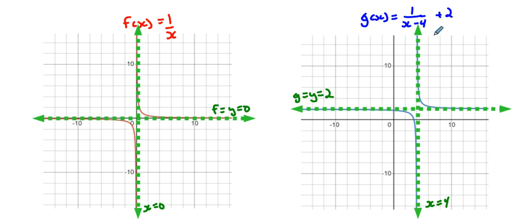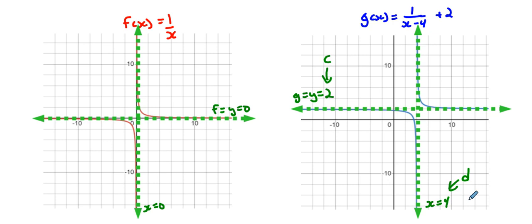Notice, of course, that we'd already previously identified that the c value was 2. We also had previously identified that the d value here was 4. So notice that the asymptotes shift. The moving right 4 changes our vertical asymptote to match the d value.